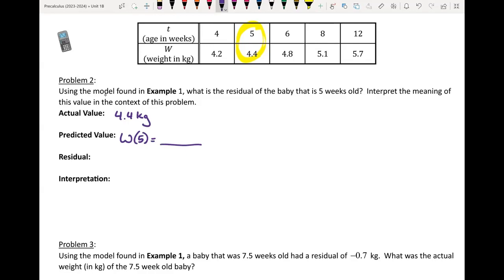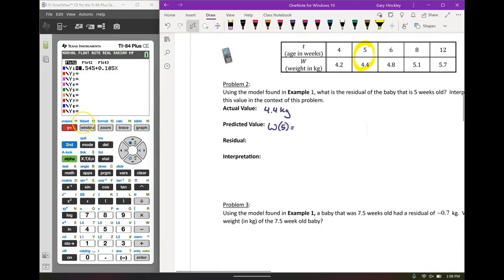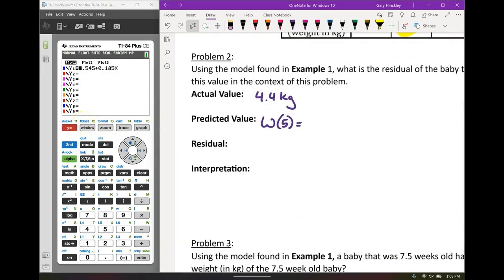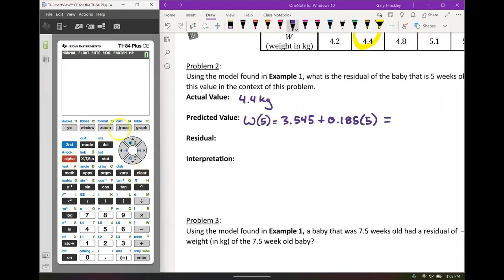Remember, we're plugging 5 into the equation we got in our calculator: 3.545 plus 0.185 times 5. That's in my Y1, so alpha trace, Y1 of 5. And I got 4.47. Is that what you guys were getting?